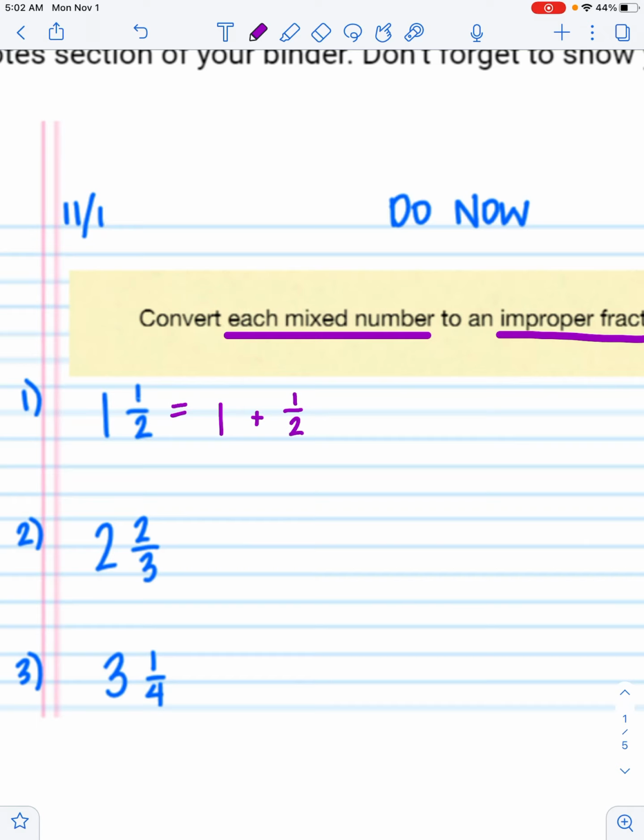We know that 1 whole is the same thing as 2 halves. And so we can put our whole and our half back together with 1 whole rewritten as 2 halves. That gives us a final answer of 3/2.